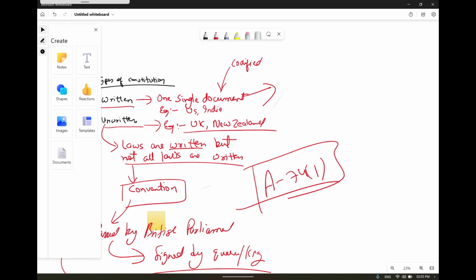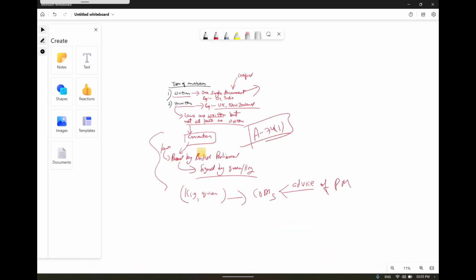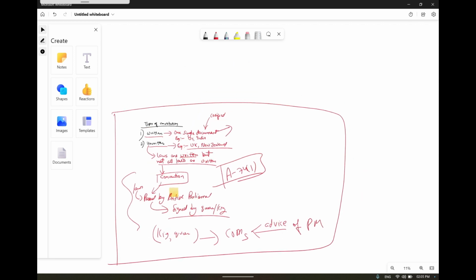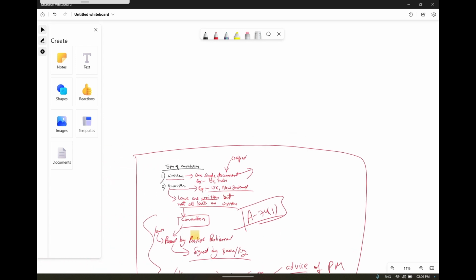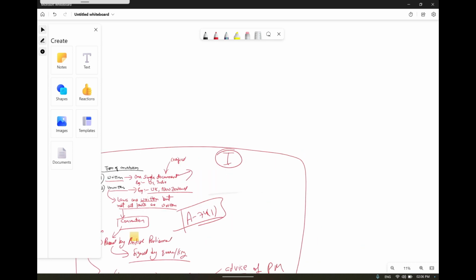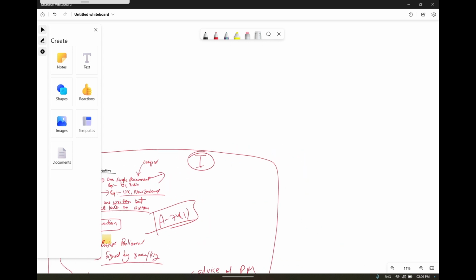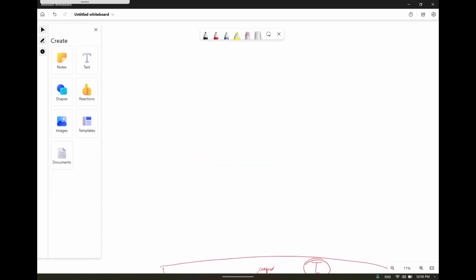Now this type of constitution is based upon one particular characteristic, that is written and unwritten. Another type of constitution is on the basis of enacted and evolved. So that was based upon the first characteristic for the types of constitution.